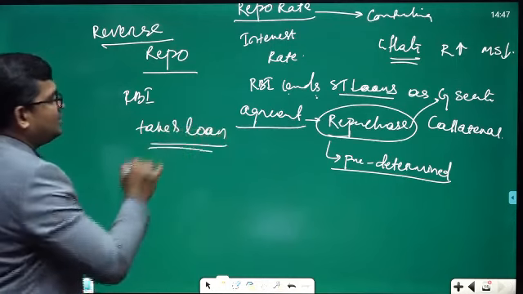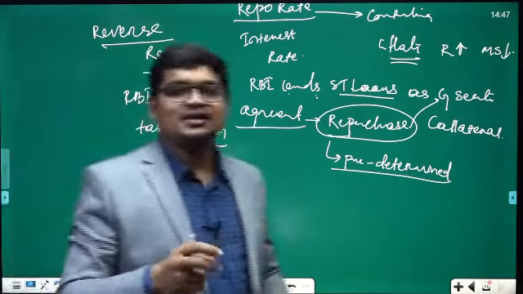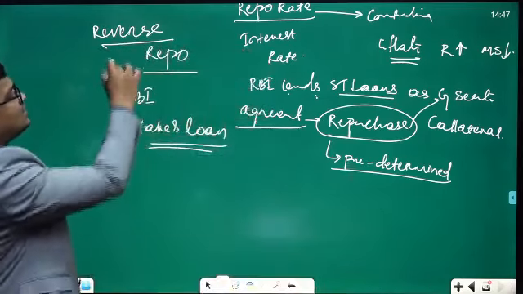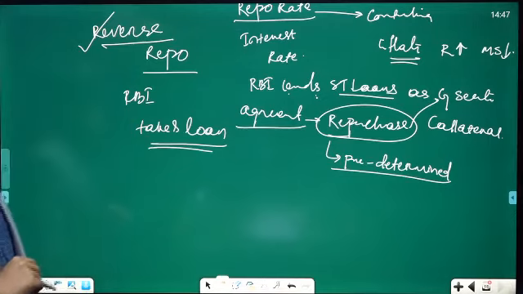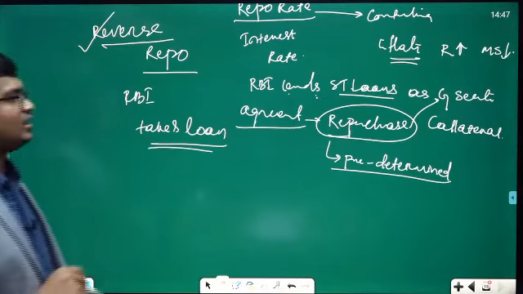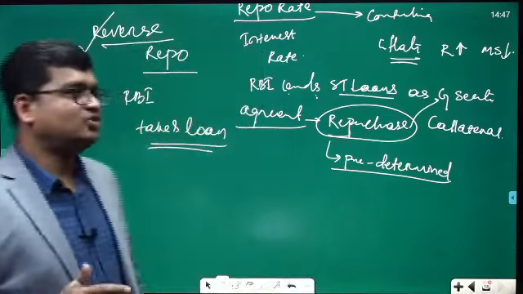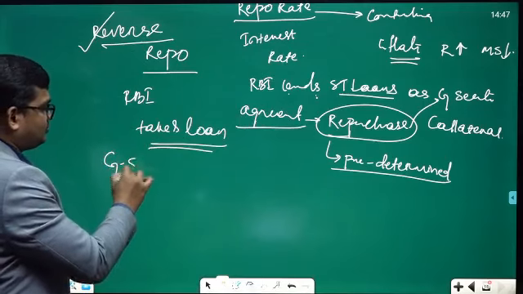That means those commercial banks park their funds with the RBI at this rate of interest. Okay. So again, the government securities are used as the collateral.